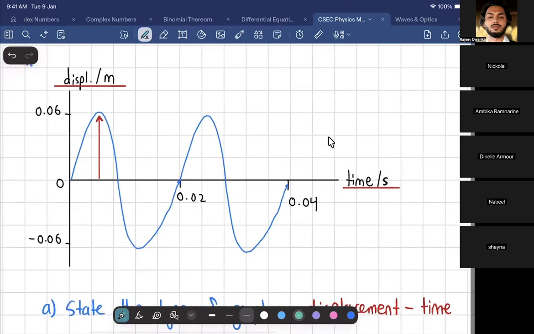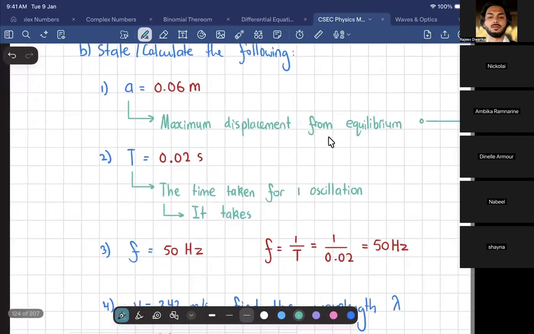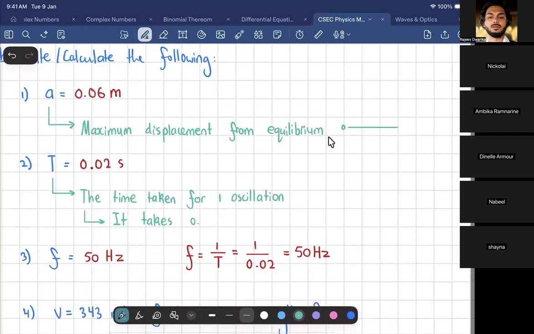In 0.02 there's one oscillation. Cool. So it takes 0.02 seconds for one oscillation. And we know that that is what the periodic time represents.